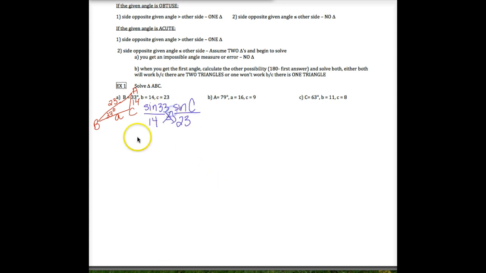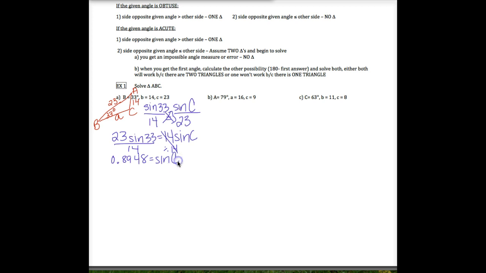I'm going to cross multiply: 23 times the sine of 33 equals 14 times the sine of C. So in order to get C alone, first I'm going to divide by 14. So these cancel. So do 23 sine of 33, and then divide that whole thing by 14. Should give you about 0.8948 as your sine.